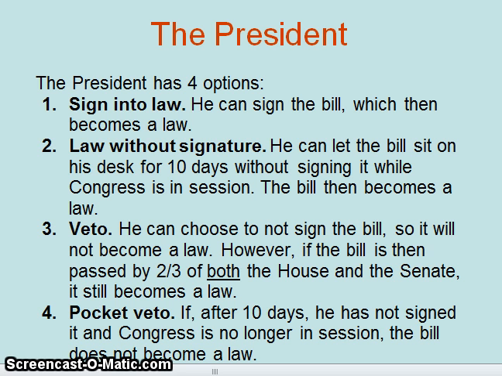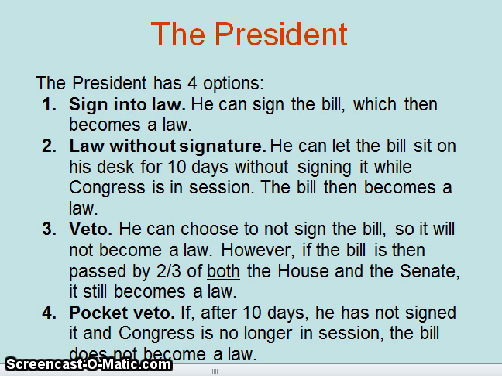And the president can veto the bill, and the only way that a vetoed bill could become law is if both houses of Congress have a 2/3 majority in both houses to override that presidential veto. It could still become a law. And then finally, the president can use the pocket veto. The pocket veto can only be used at very specific times in the year or during a legislative session.